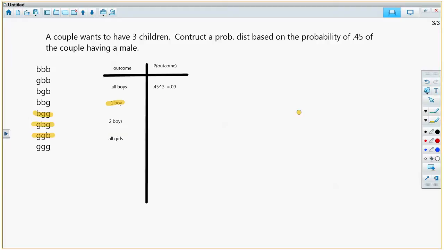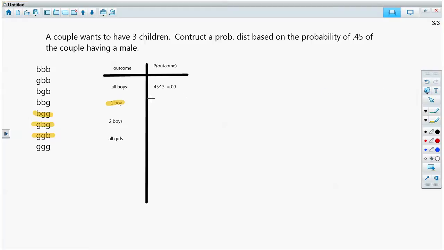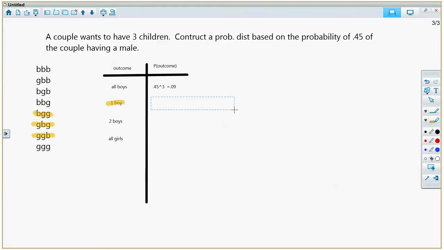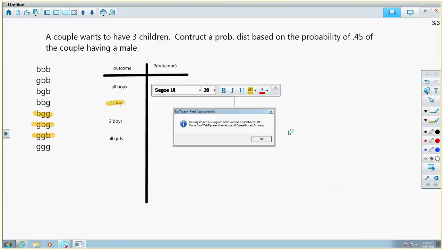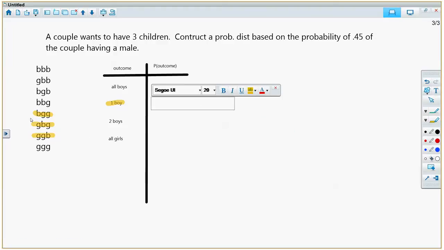So I've got three things I've got to add together. I'm still going to use multiplicative law, but I've got to add the probabilities because there's three different events. There's one event, there's two events, there's three events.